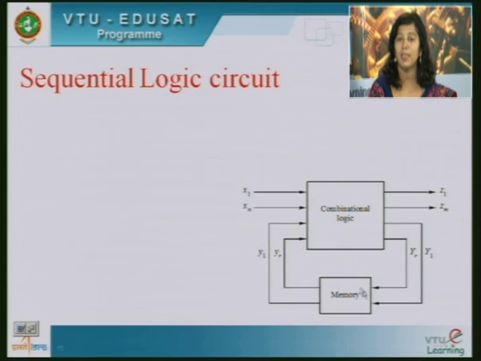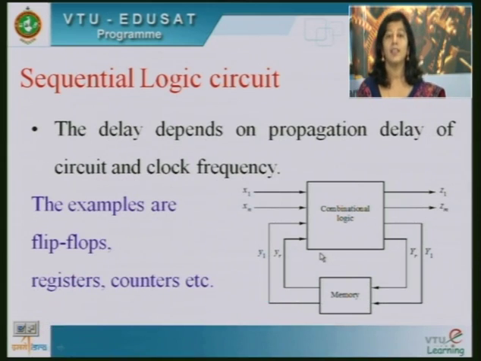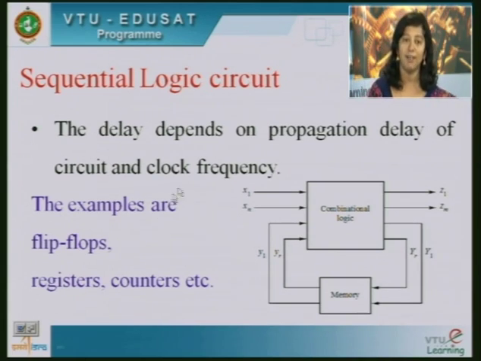So, a memory element is shown here through which the feedback signals pass. And in this circuit we should remember that the propagation delay depends on the combinational logic circuit, and it also depends on the clock frequency. We are going to connect a clock signal to this circuit also.